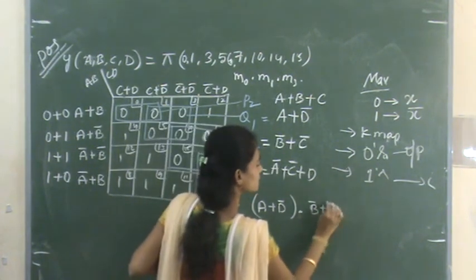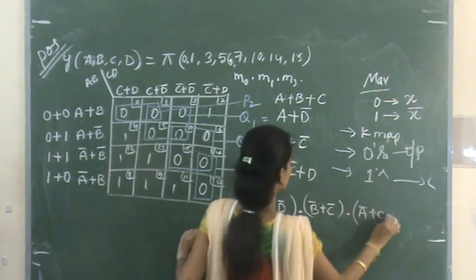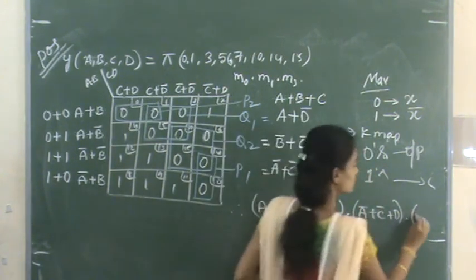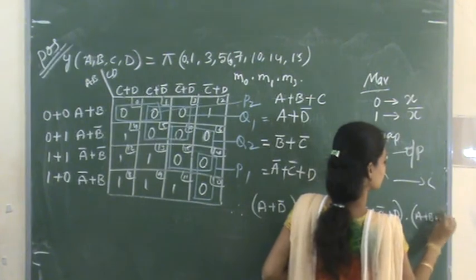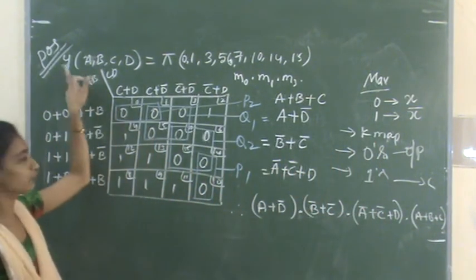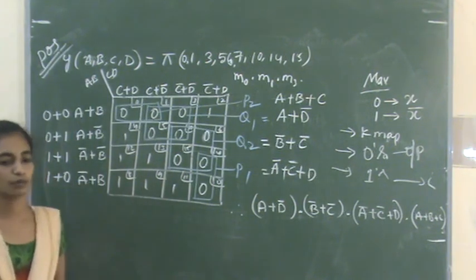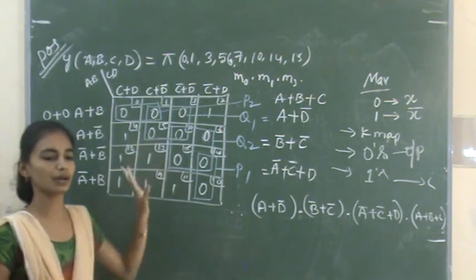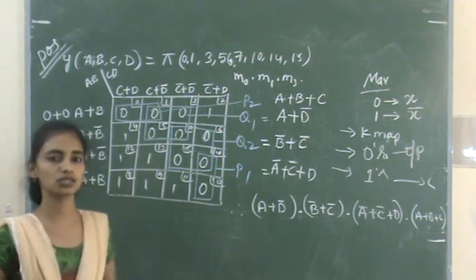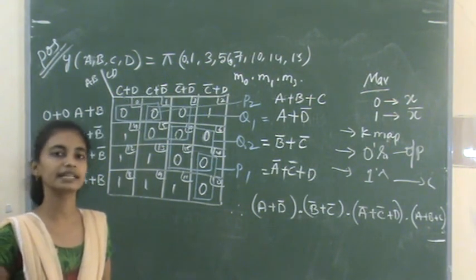Then B bar plus C into A bar plus C bar plus D into A plus B plus C. This is the reduced expression for a POS method. This is how we evaluate the POS using K-map. This completes the K-map topic and this chapter. In the next chapter we are studying logic gates and derived gates.